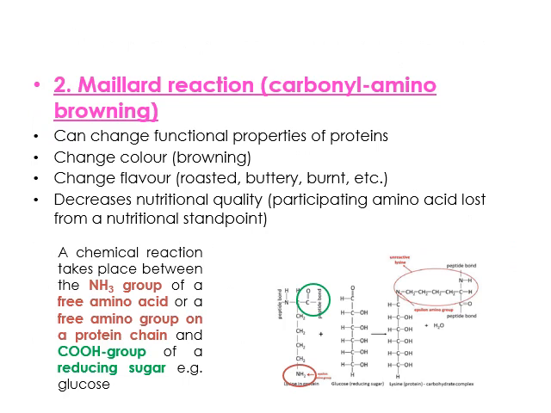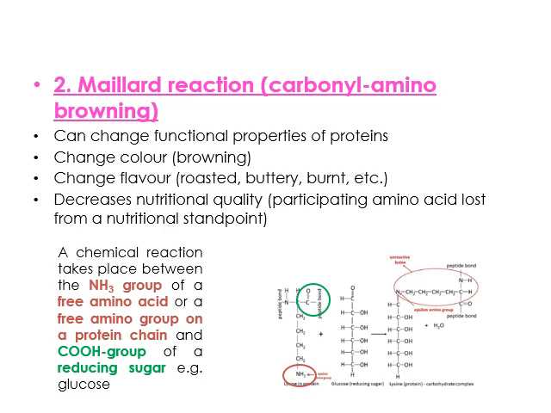Processing can also alter amino acids through Maillard reactions. This can happen if you apply heat to protein and you also have another precursor, which is a reducing sugar. We also call Maillard reactions carbonyl amine browning or non-enzymatic browning. The Maillard reaction can cause changes to the functional properties, color, and flavor of the food.